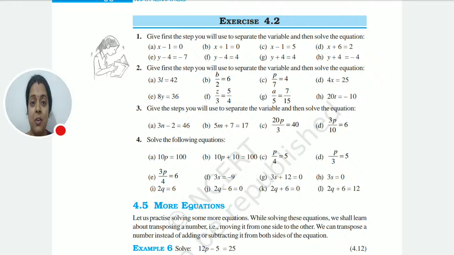Whatever part is a letter, that is a variable, and a number is a number. So when you want to separate the variable, just shift it one by one and solve it. Don't get confused, thinking what this question is talking about. It's talking about the same thing which you are doing, right?